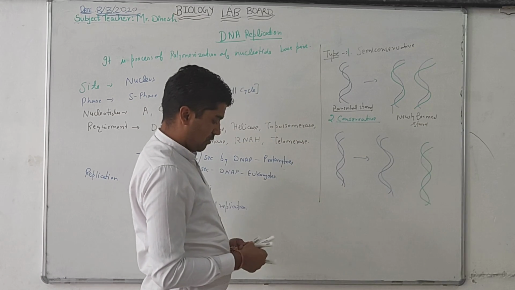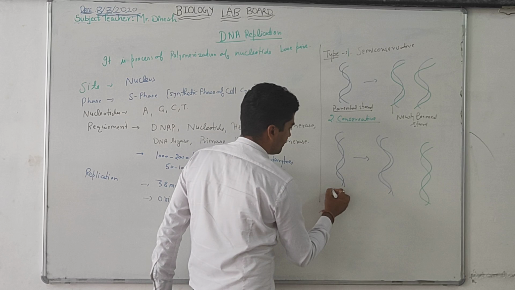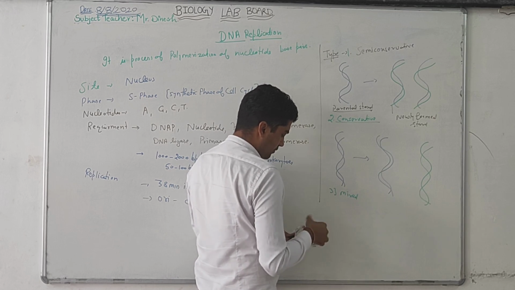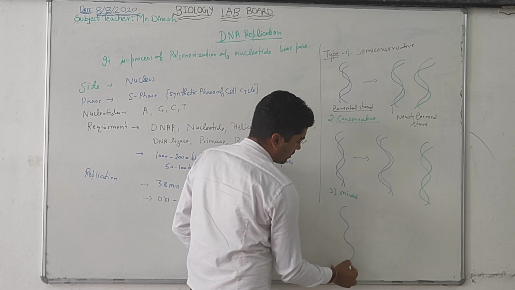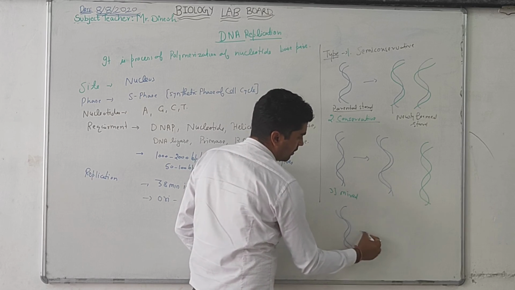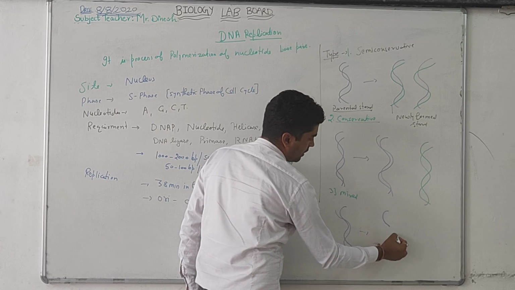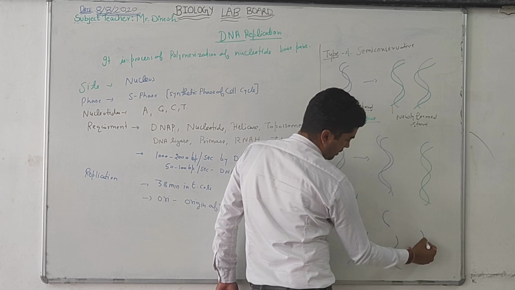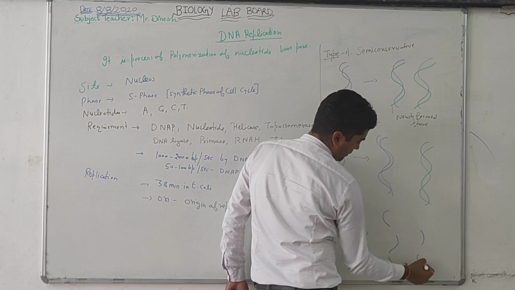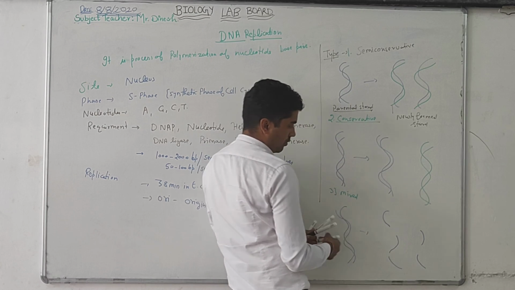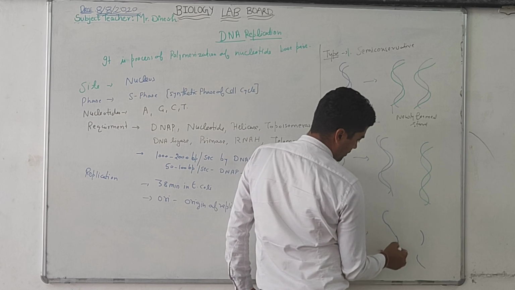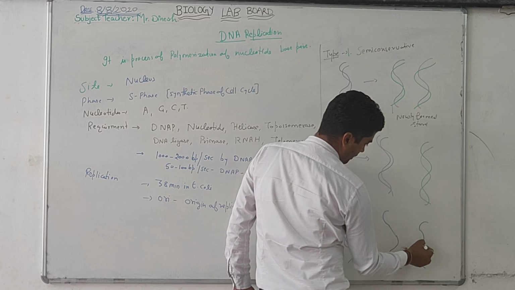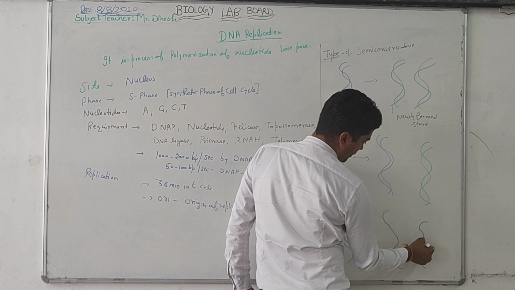There is also a mixed type of replication. In the mixed type, this is your parental strand. It will make some strand in this way, and another in this way. So the new strand that forms will have different polarity.